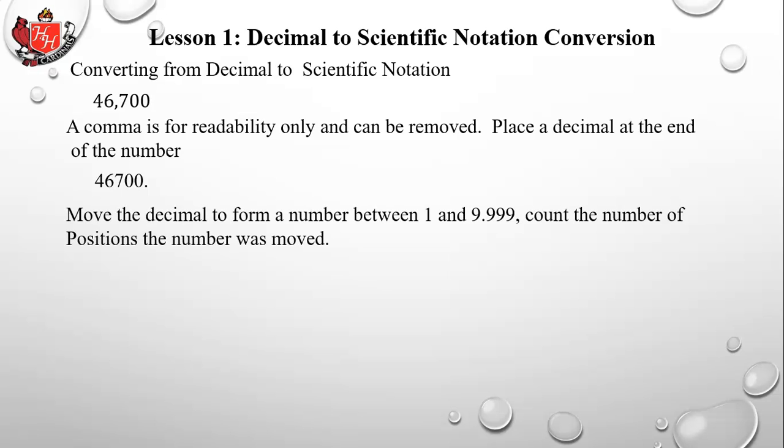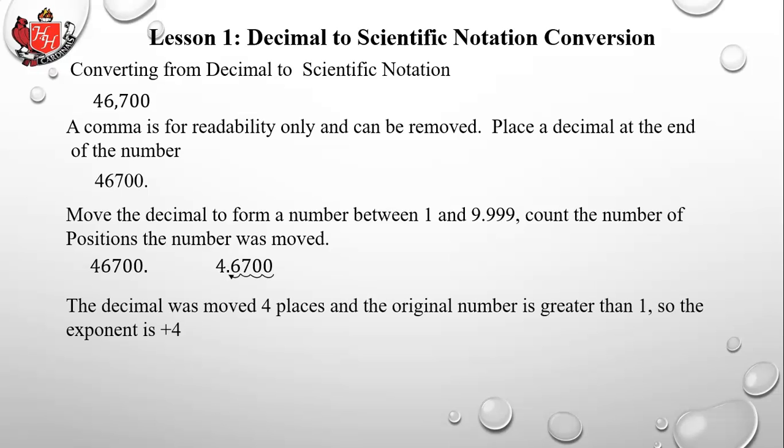Move the decimal to form a number between 1 and 9.999. Count the number of positions the number was moved. So right there, we move the decimal over, and the number that we could form between 1 and 9.999 is 4.67. Okay, so we've done that, and then we count how many places we moved the decimal.